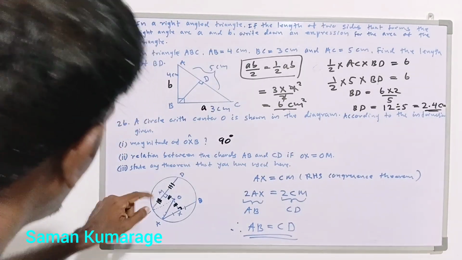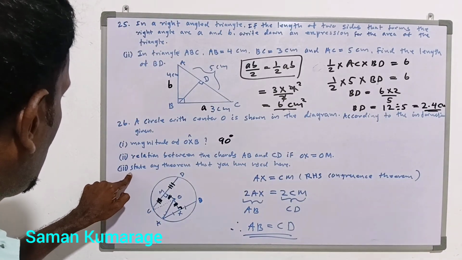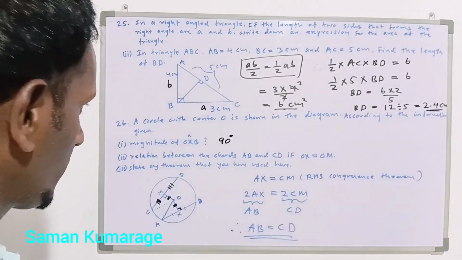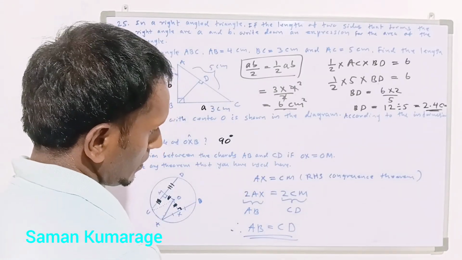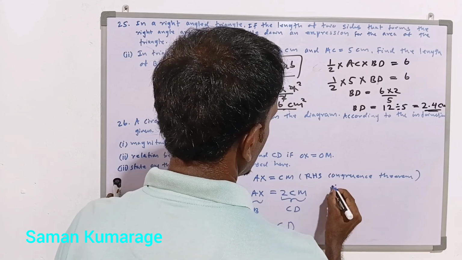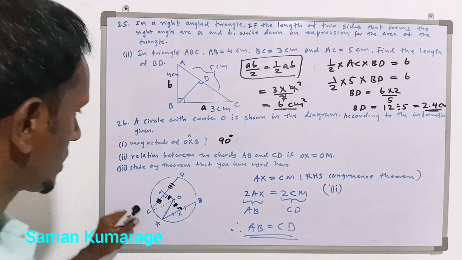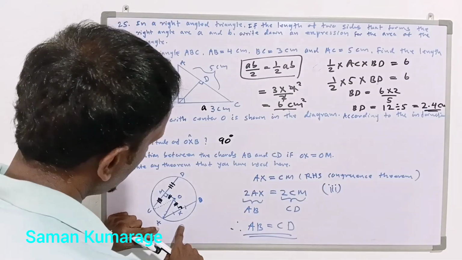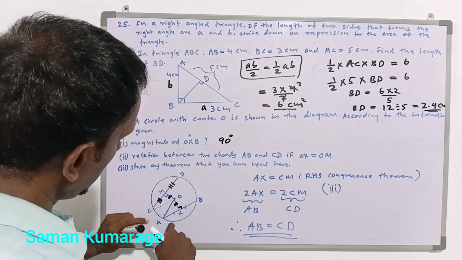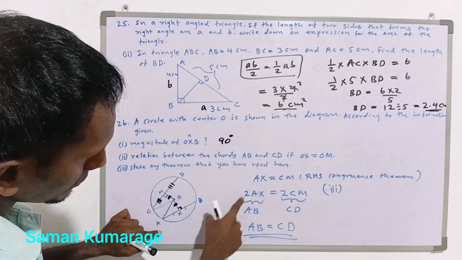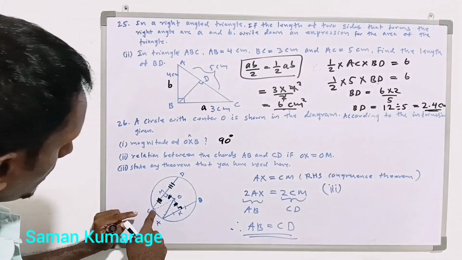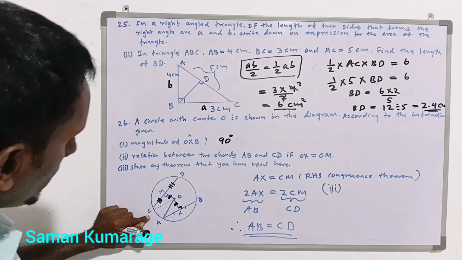And the third question they are asking, state any theorem that you have used here. So what are the theorems we used? We used the 12th congruence theorem, RHS, and the Chord's theorem.